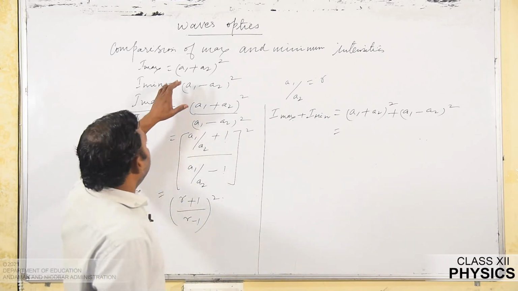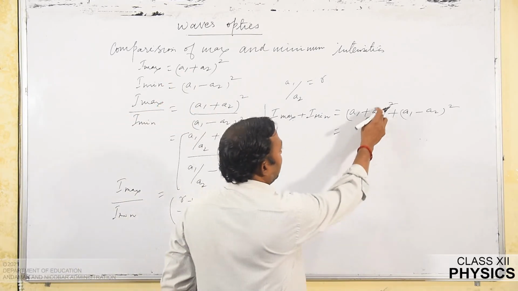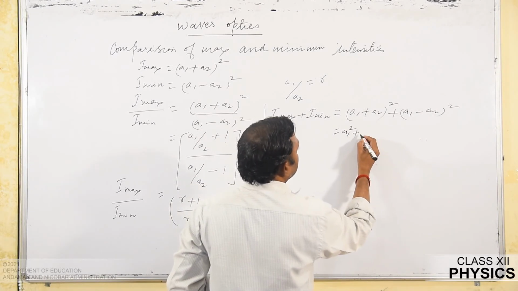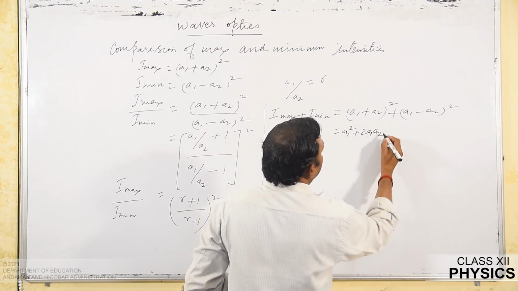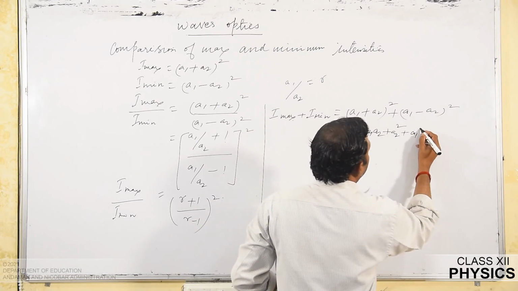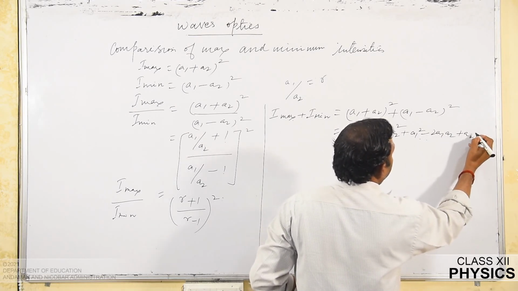So this is what we already derived. Now expand this by using a plus b whole square formula, you get a1 square plus 2a1 a2 plus a2 square plus a1 square minus 2a1 a2 plus a2 square.